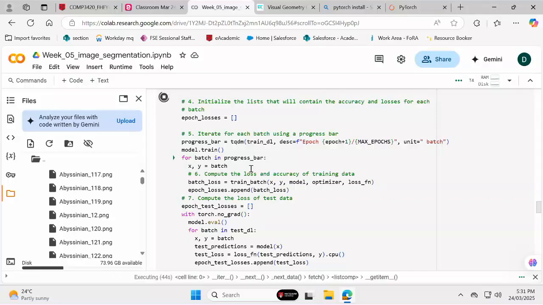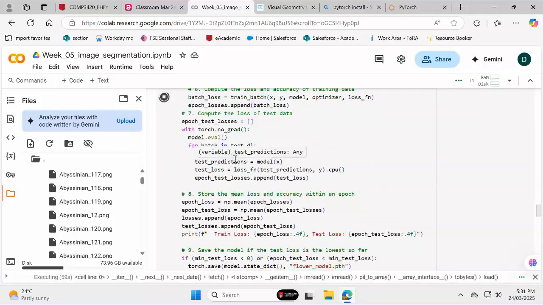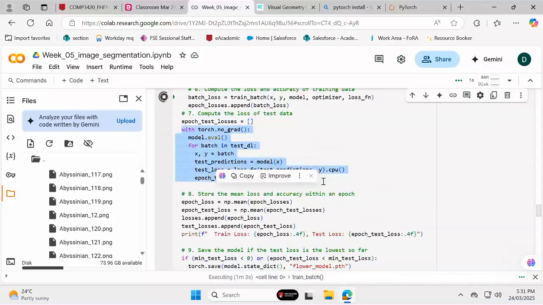The output is not a number, not a label, it's a mask. So accuracy is something more complex to calculate. So I just use the loss as a way to display the quality on the validation data. That was a small difference, this part here.